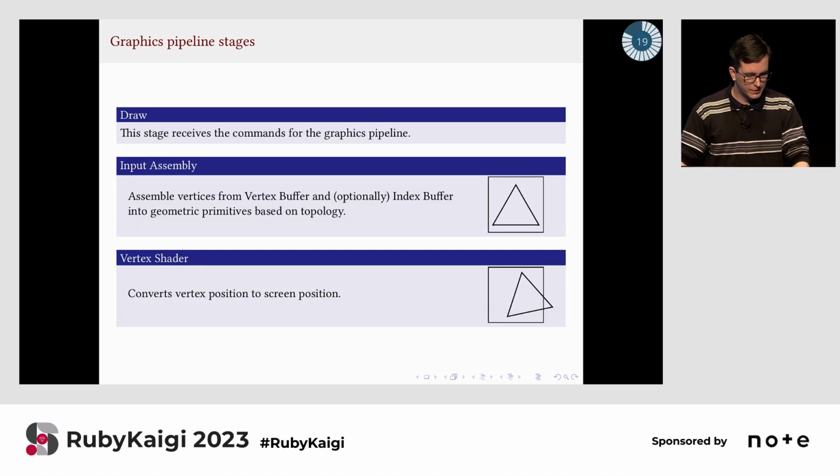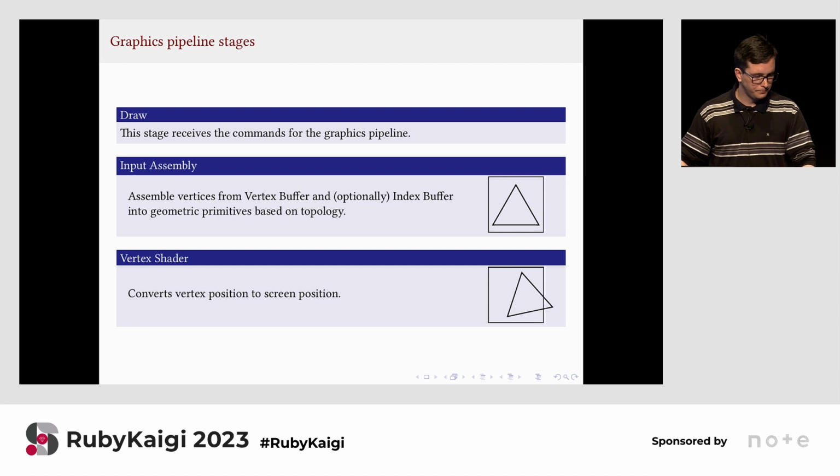So here is an example of the graphic pipeline and how each stage works. The first stage is the draw stage. It receives the command of what needs to be done, and then the next stage is the input assembly. It receives all the data that I mentioned, like the index buffer and the vertex buffer.